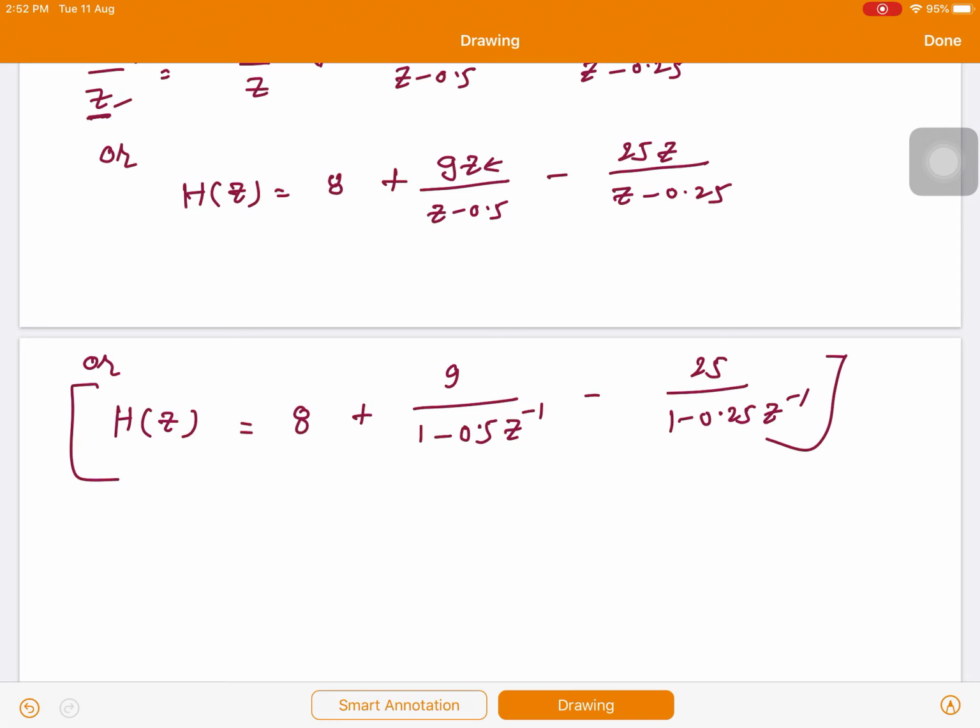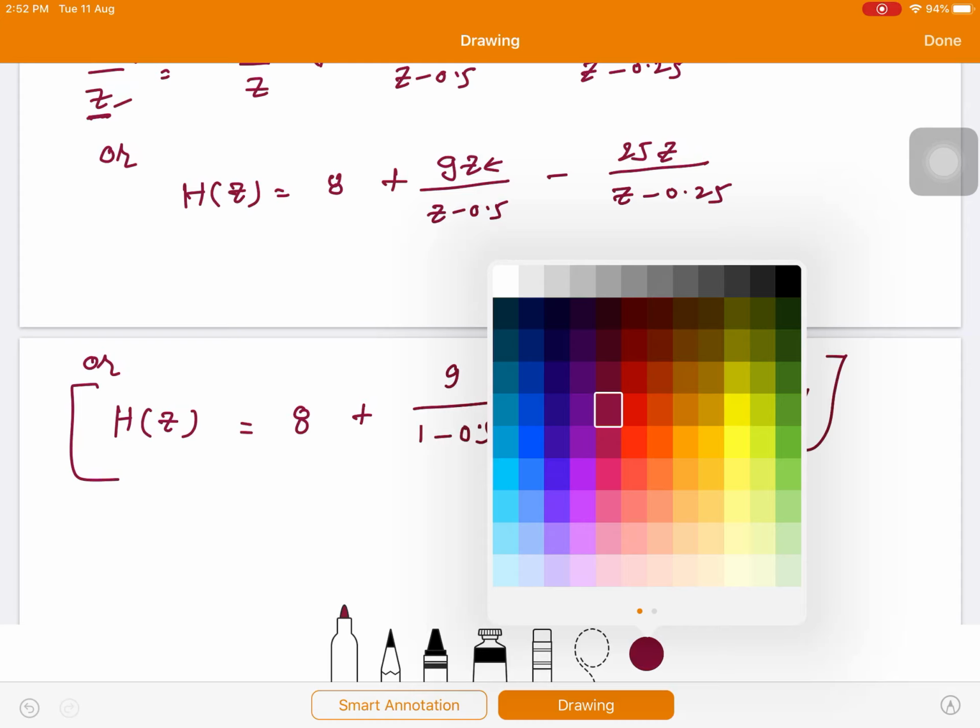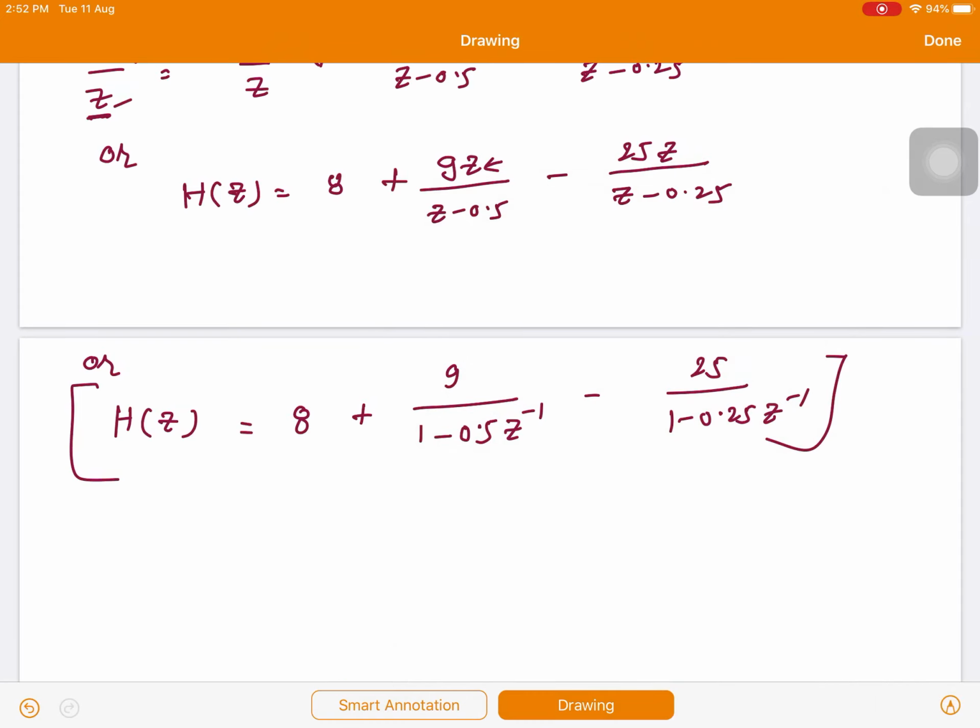Okay, so now you have three functions. This is your H(z), this is your Hb(z), and this is your Hc(z). Okay, so now what you have to do is solve all three functions with the help of direct form 2.